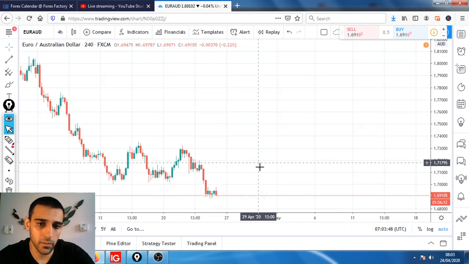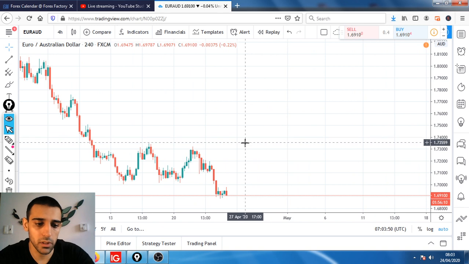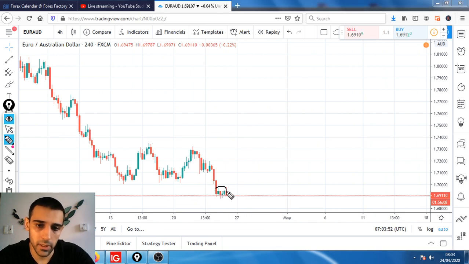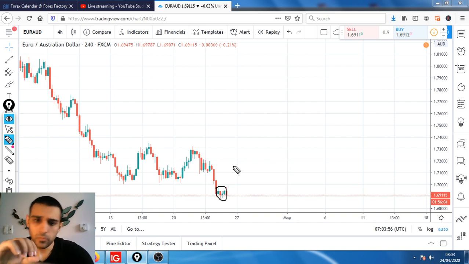This is for a bigger view, and if you drill down to the 4-hourly time frame, it looks a bit choppy over the last couple of hours. We have these last 4 candles, so it's chopping quite a bit.